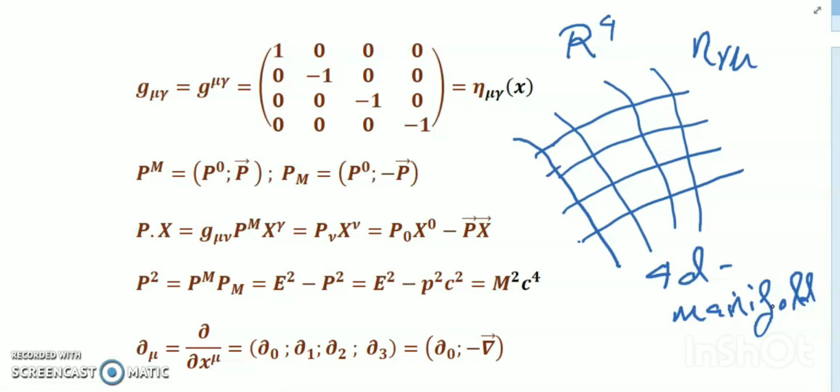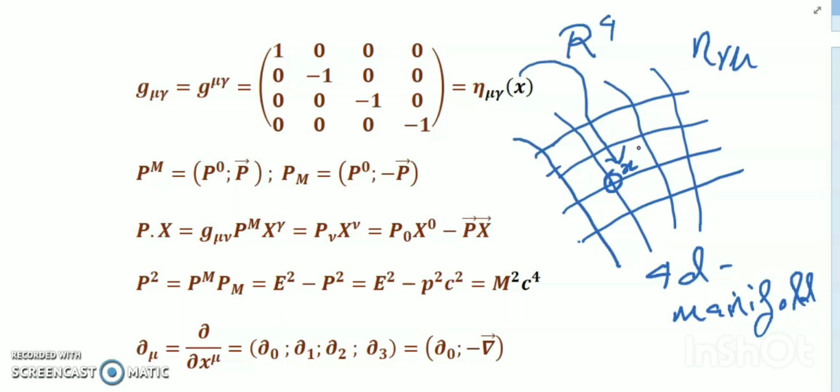Create our models in four-dimensional space. Any point of four-dimensional space, this is the point, this is the x. Four-dimensional space, for example, finds some kind of number.